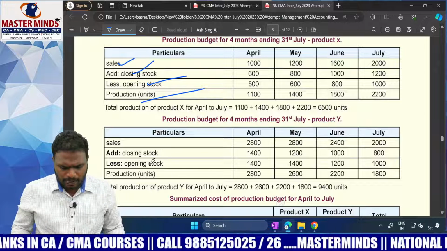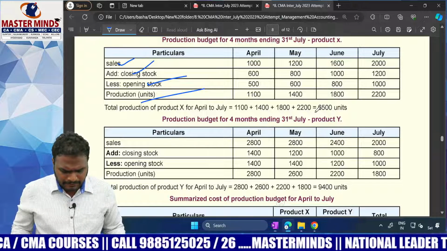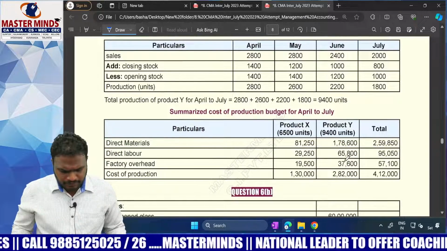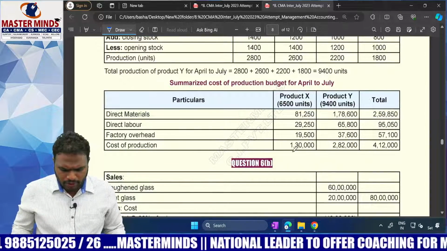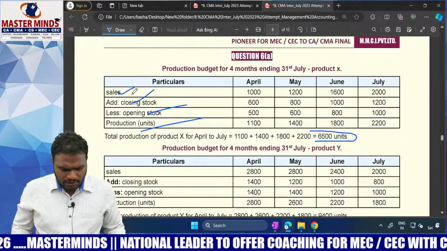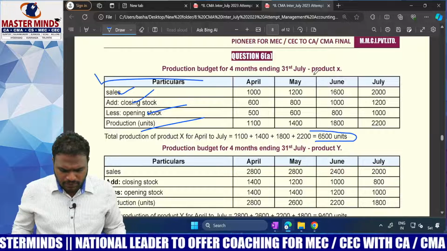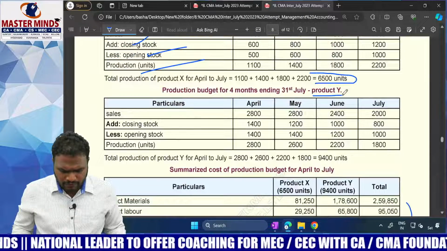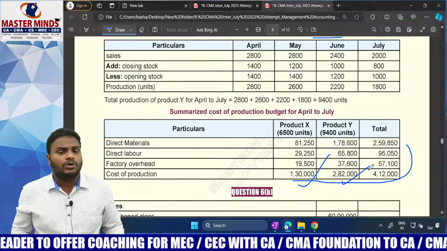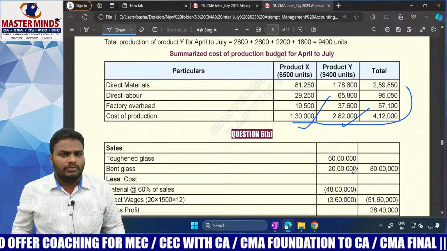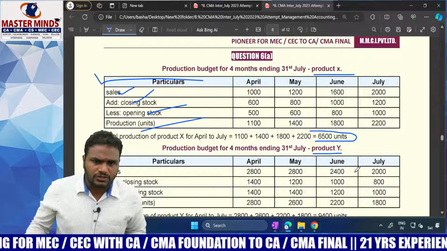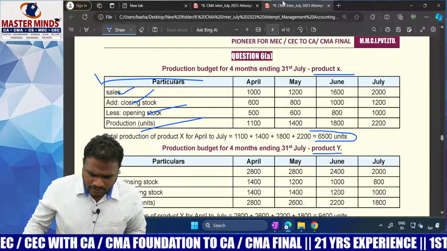Yes or no? This is the total production. Now into cost of production, number of units budgeted into cost of production. The first production is for product X and the second one is for product Y. Into cost of production per unit is called total cost of production. Very easy. Easiest question. Nothing difficult in this question. Basic question.